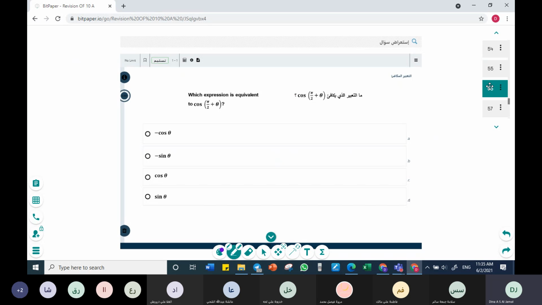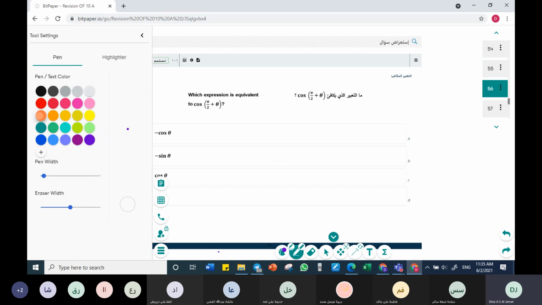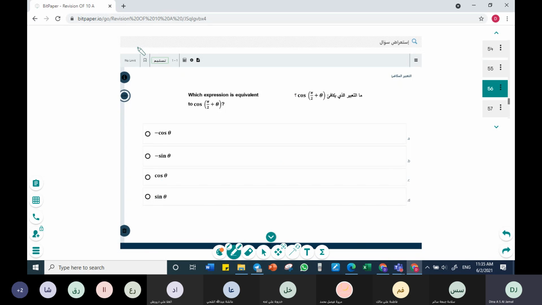Which expression is equivalent to cosine of pi over 2 plus theta? So he would like you to simplify it to see what will be equivalent to this expression. So again, I will be solving it with you using two ways. Way one. Let's have a look at what is way one. Cosine of pi over 2 plus theta.